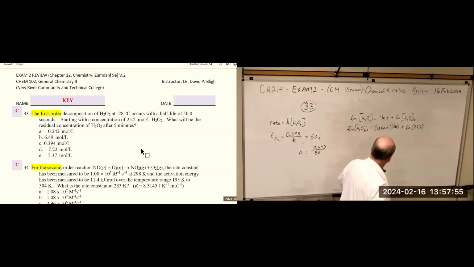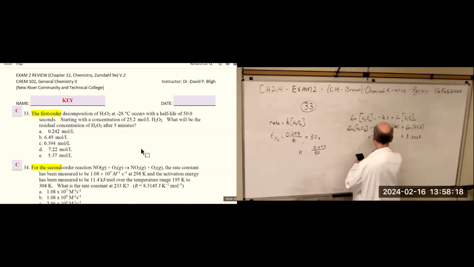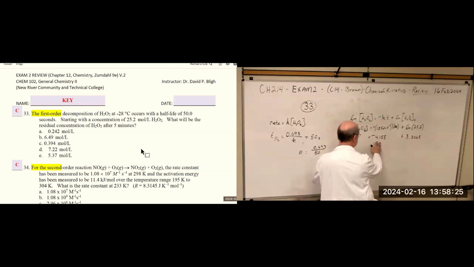Natural log of 25.2 is 3.2268, and 300 times that value. Let me flip that and change the sign. This is minus 4.158. So minus 4.158 plus 3.2268.